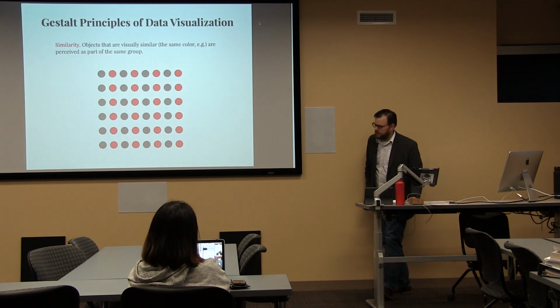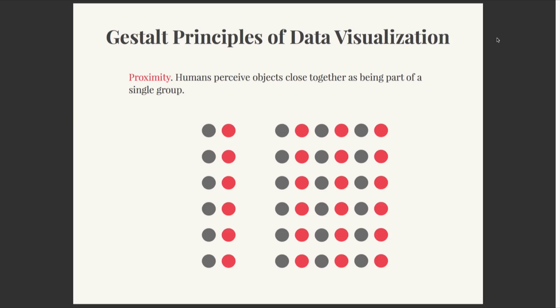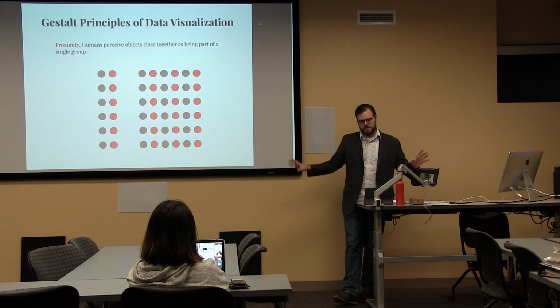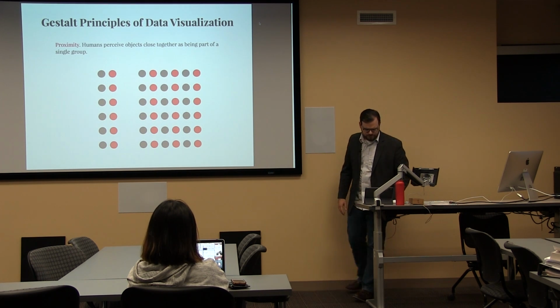Okay, so similarity. The other is proximity. These are elements that exist close to one another. It's another indication of similarity. And we can see here these groupings of circles, the circles on the left and the circles on the right, which imply that these two groups have something in common, something, in other words, that makes them distinct from one another.